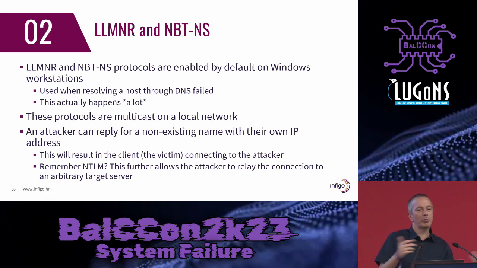Which means, if I go back to the story from 10 minutes ago, if you click on anything that doesn't exist in DNS, Windows will revert back to these two protocols and send a broadcast asking, hey, who is machine ABC? And the attacker says, hey, it's me, right?